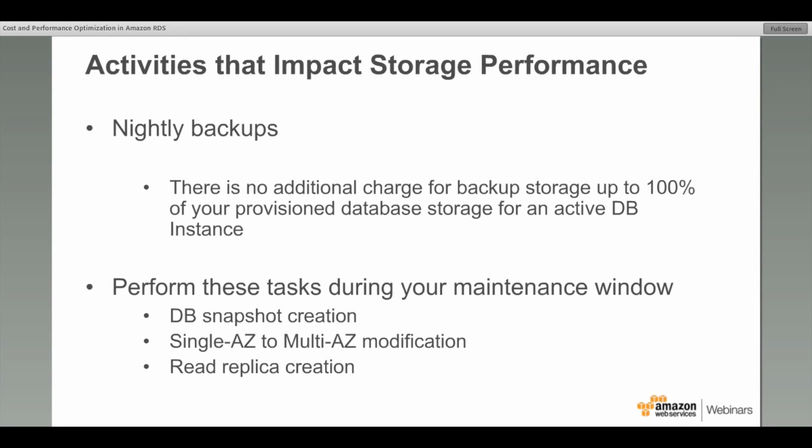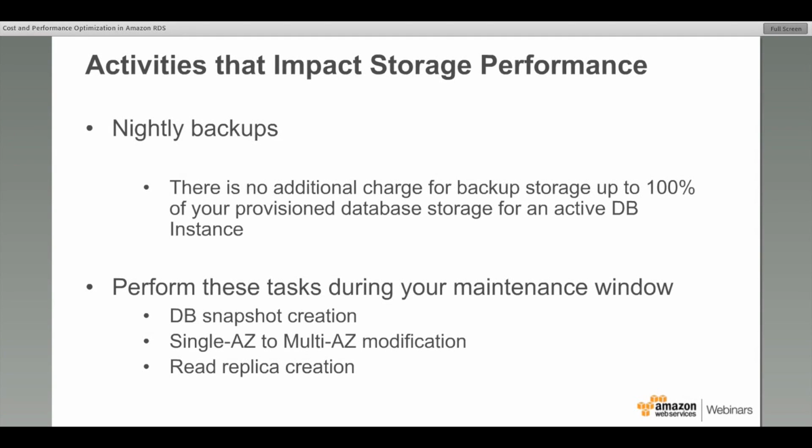So some things to think about from a maintenance window perspective. I mentioned the daily 30-minute window, which could be at night or at a time of your choosing when I launch an instance. The other time period you select is your maintenance window.